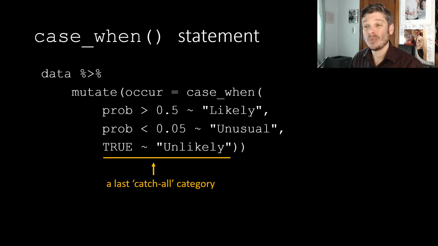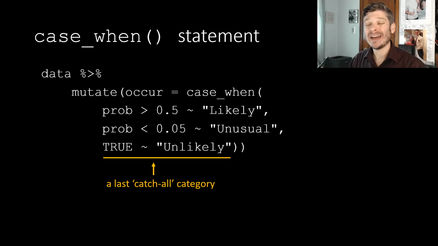So again, we define what it means to be likely, we define what it means to be unusual, and then anything that's not either likely or unusual we want to call unlikely. And the way we set up our last catch-all category is we just say true, because true is true. So it's just going to say, okay, true is true. Here's the last thing that we do.